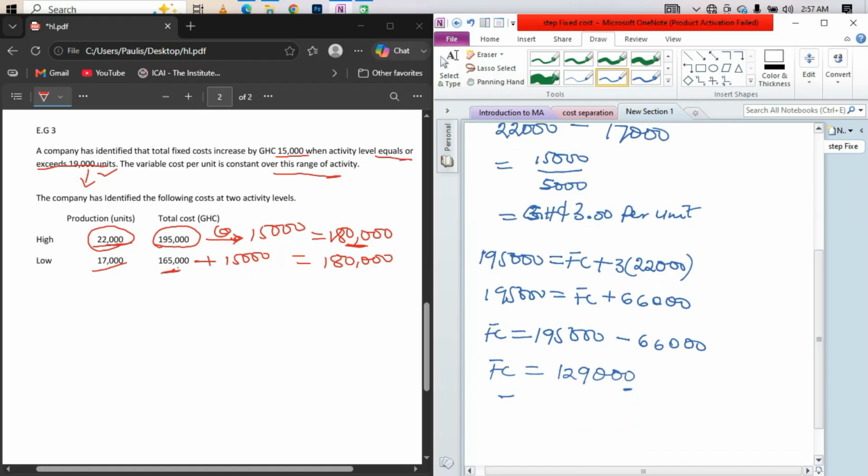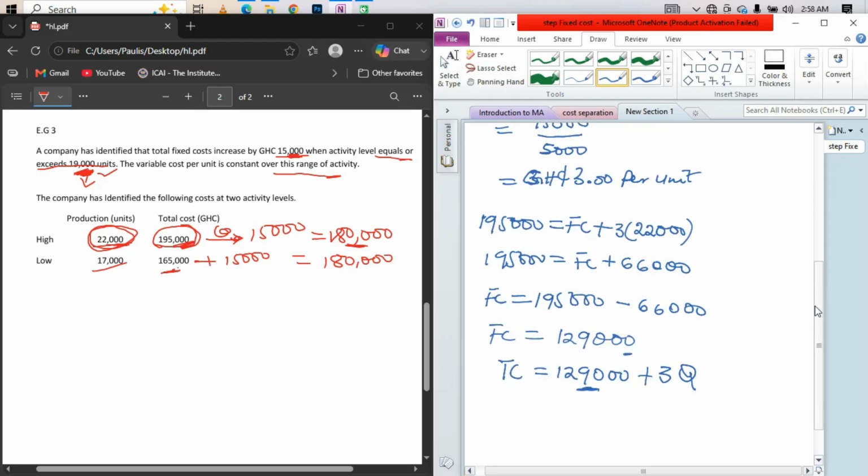So let's get a function. So the total cost here should be equal to 129,000 plus 3 times quantity. And this function is relevant when we are producing above what? 19,000, above 19,000. So the increment of fixed cost of 15,000 is in this fixed cost here. So if you want to get for the lower level, then what should we do?